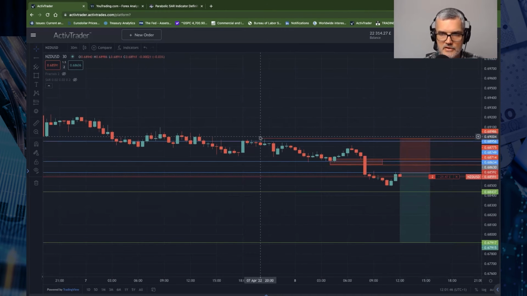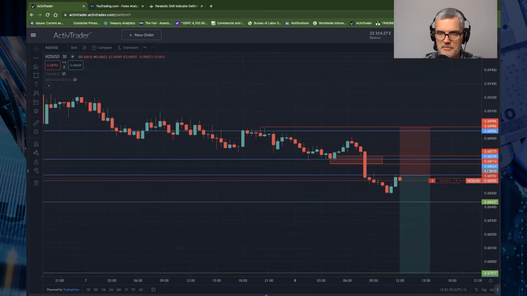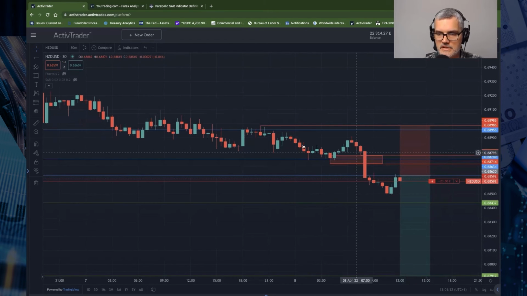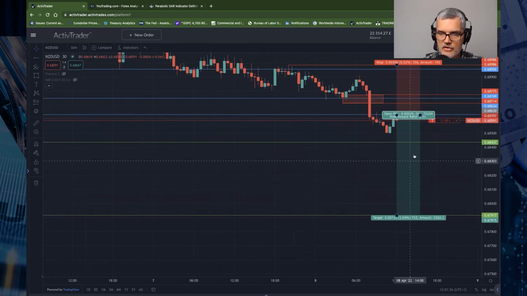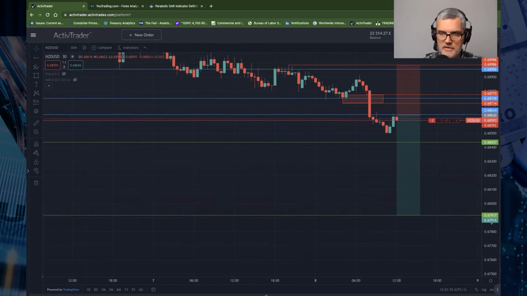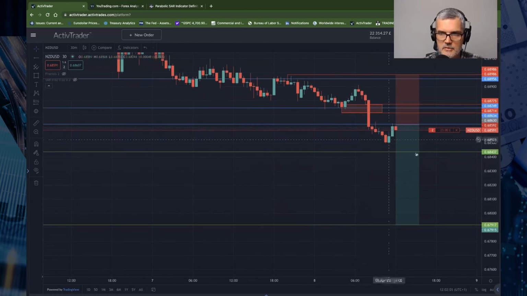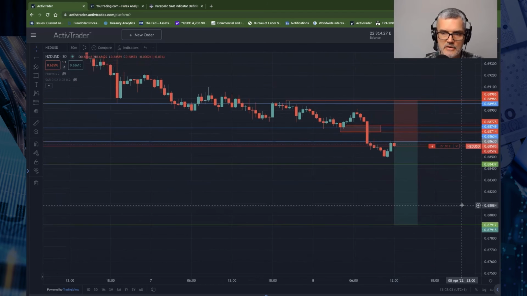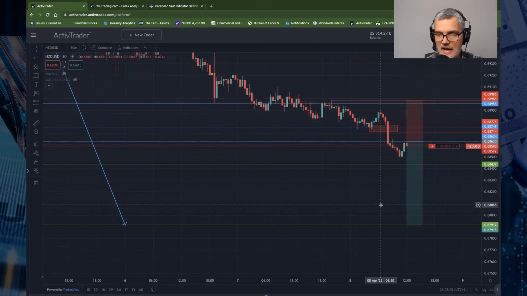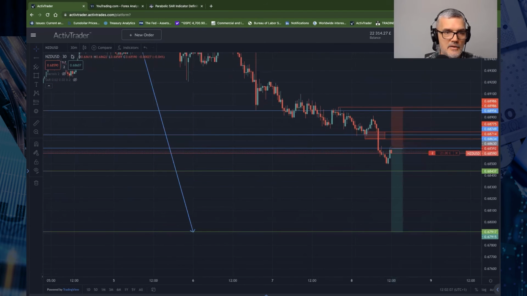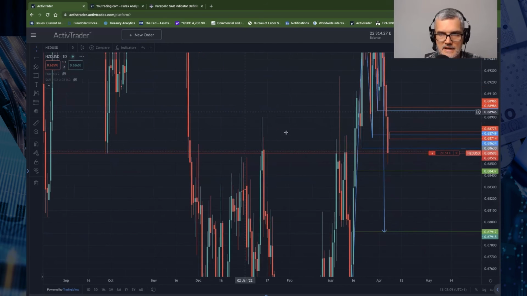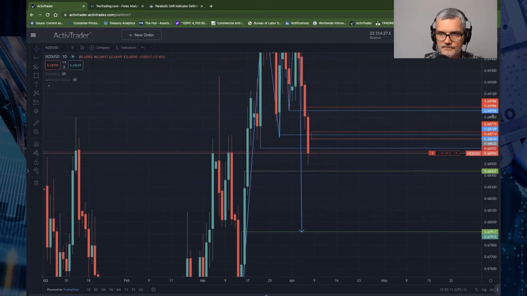So if I get short now, you can see I've got a risk reward ratio of 2, got my stop loss above a previous swing high, above this intraday swing high as well. So there's a couple of levels of resistance to get through before we get to my stop. So my stop's pretty safe. And now I've got a target all the way down here, 0.67917, risk reward ratio of 1 to 2. So for me, that's a good enough asymmetrical trade. It's in line with the daily time frame. Like I said, making lower lows.